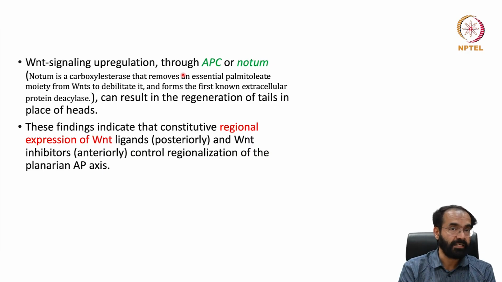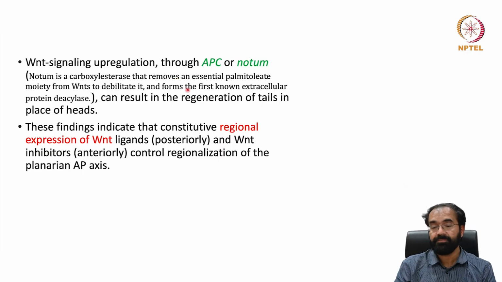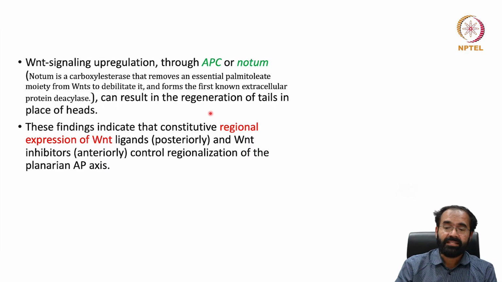If APC is functionless or jobless, beta-catenin gets stabilized. So Wnt signaling can be upregulated if APC is removed.